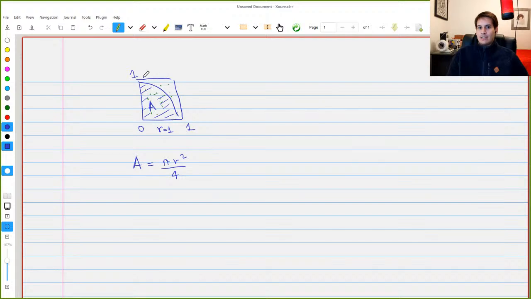And the area of the square is 1, right? Then the probability, as r is equal to 1, will be just pi over 4 divided by the area of the whole square, which is 1 times 1, that is 1.